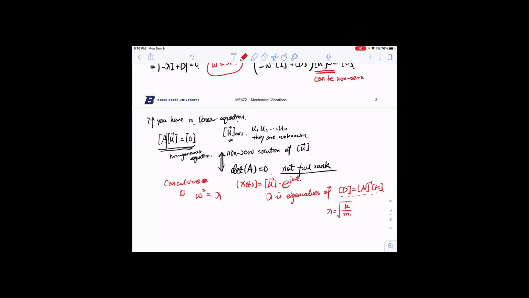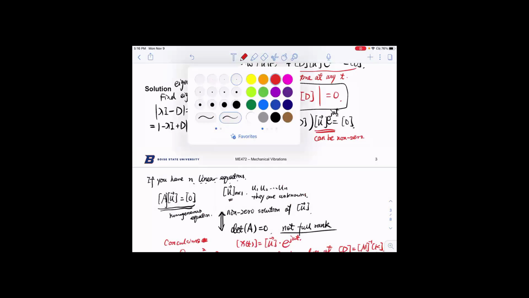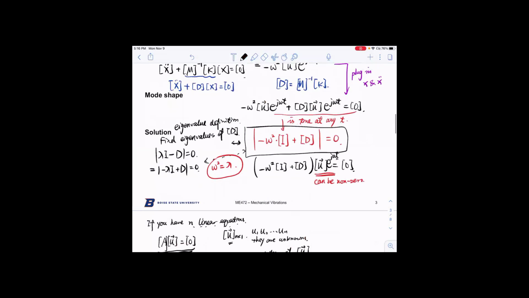All right. So the second conclusion is your U vector is the eigenvectors of lambda. You can easily see this from the equation.